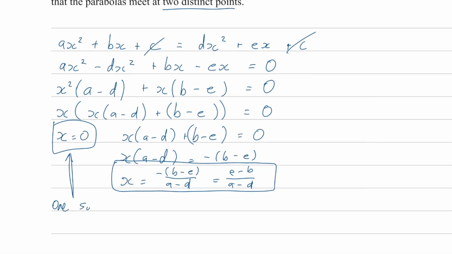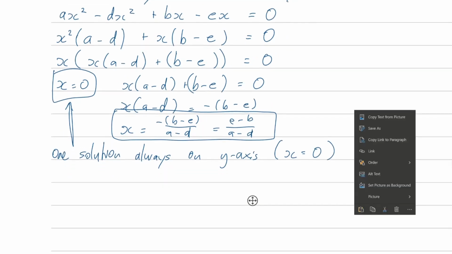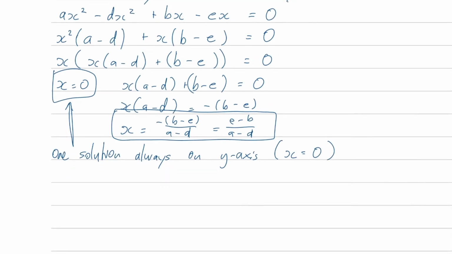So one solution always on the y-axis, so that's when x equals 0. Okay, and then the other solution for the other intersection at x equals e minus b over a minus d.